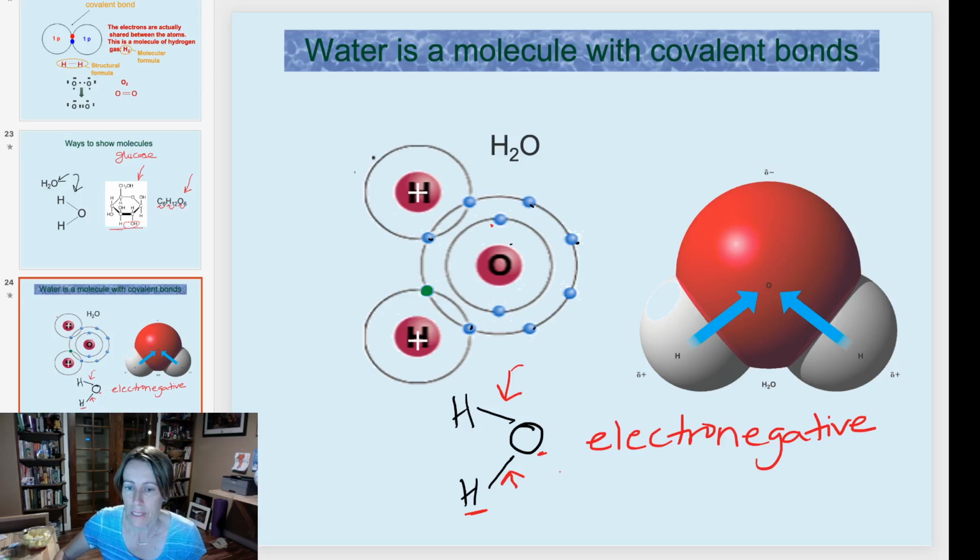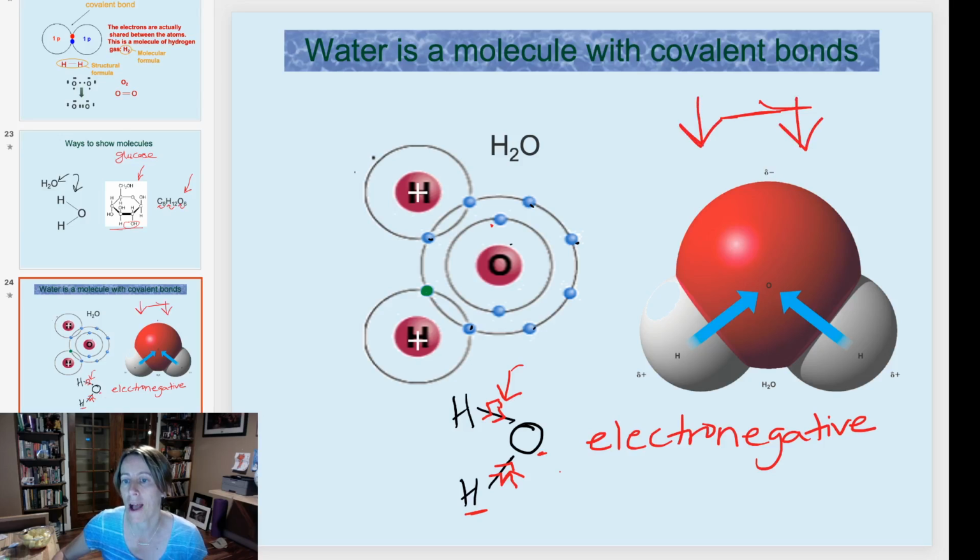So sometimes I like to draw little arrows on the covalent bonds here to show that the electrons are being sucked up towards the oxygen. And the oxygen ends up with the electrons spending most of their time around it and not around the hydrogen atoms. Now, you can see it again in this diagram right down here.